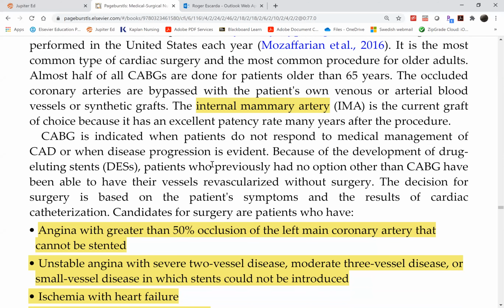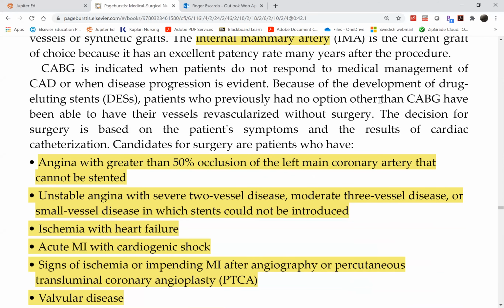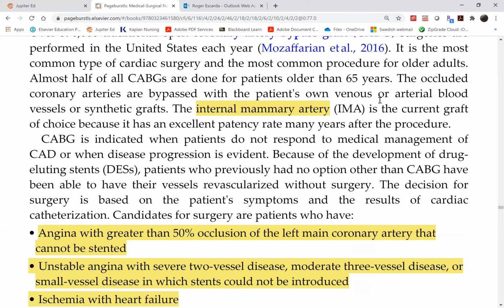So this is a perfect one to use. However, if the patients don't have that, then of course we'll have to get the vessel from a vein. Okay, that's your saphenous or your popliteal, any other leg vein. So it has to be harvested from your leg.